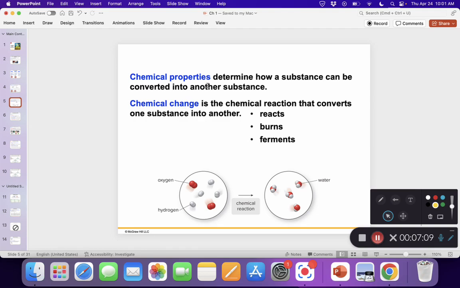And chemical properties are determined by how a substance can be converted into another substance.